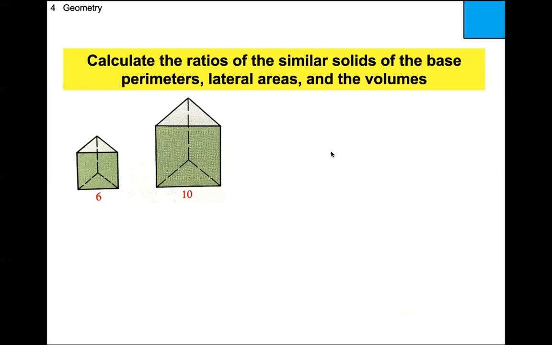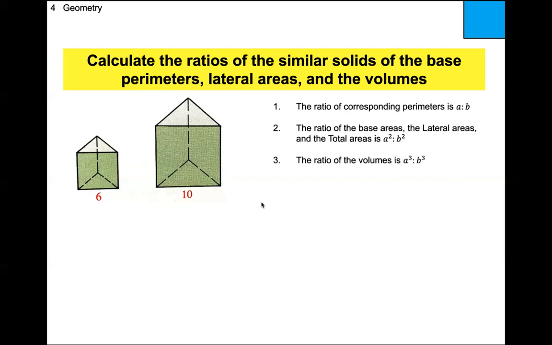This is ridiculously easy. You pick any two corresponding measurements. Well, we're only given one, so this one's a bit easier. The one thing you will have to know is whether you want to go small to big or big to small. So let's say, for instance, I'm going from small to big. So small to big would be 6 to 10. So the first one I'm going to do is their perimeters.